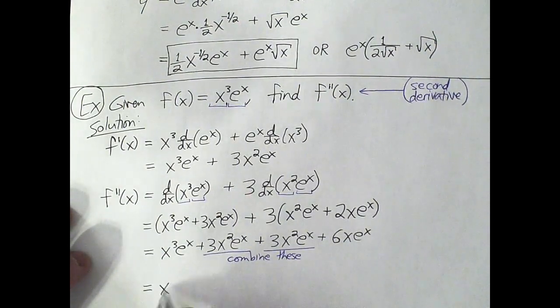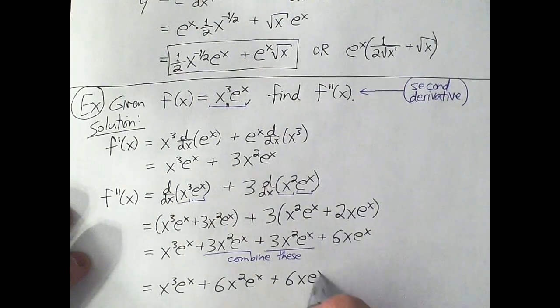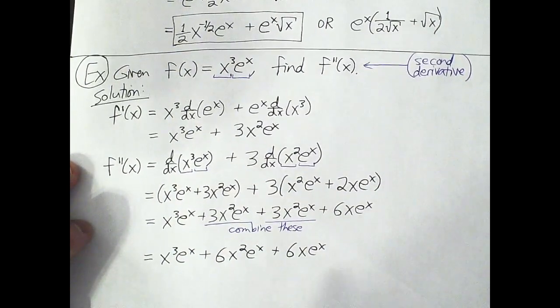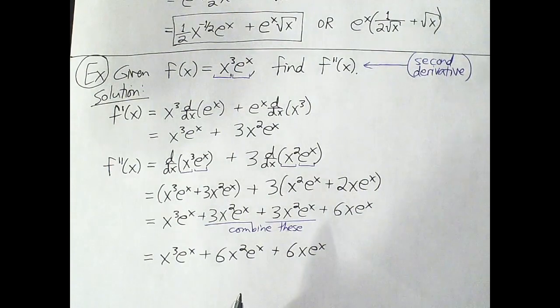So x cubed e to the x plus 6x squared e to the x plus 6x e to the x. Are we done now? Let's look at it. Is there anything else that can be combined? Well, not by addition, not by just adding stuff.